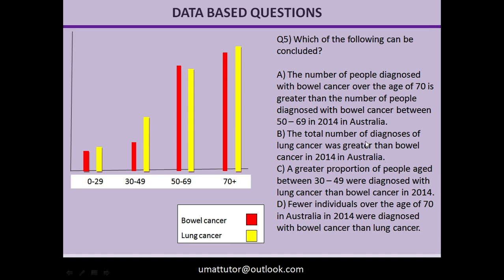B, again, the total number of diagnoses of lung cancer was greater than bowel cancer in 2014 Australia. Again, you can't assume this to be true, because even though lung cancer is greater than bowel cancer in 3 groups out of the 4, with respect to bowel, there is one group where that's not the case.